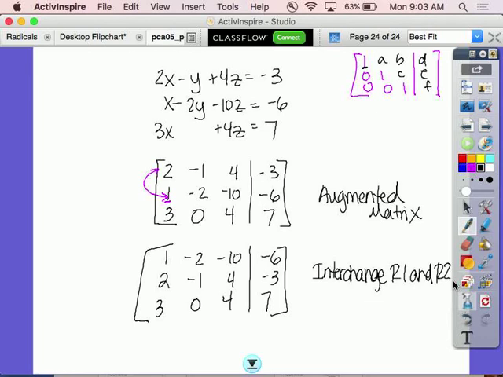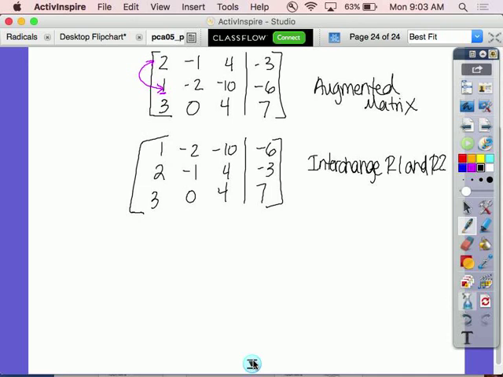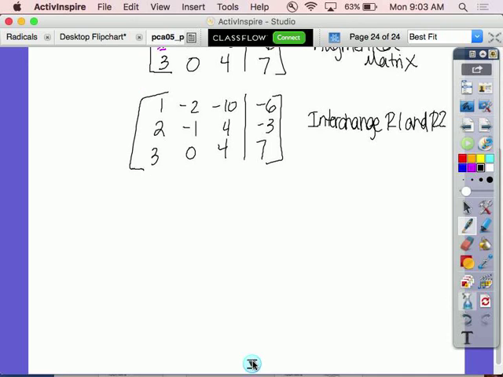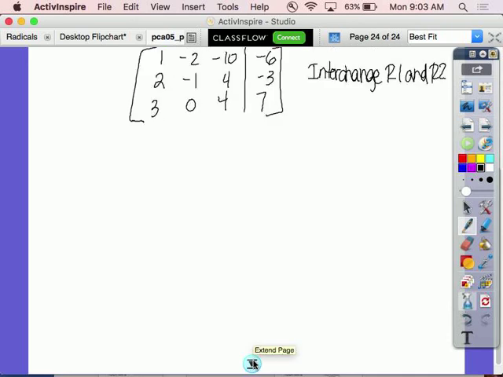Now, I would like to get 0s underneath that 1. So I'm going to need to multiply row 1 by what to get rid of this 2? I'm going to need to multiply it by negative 2.